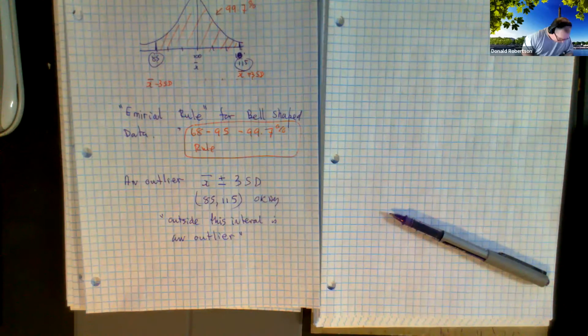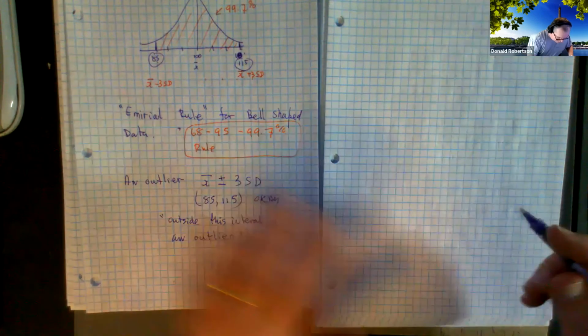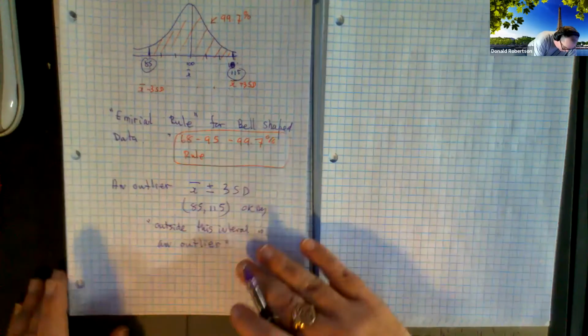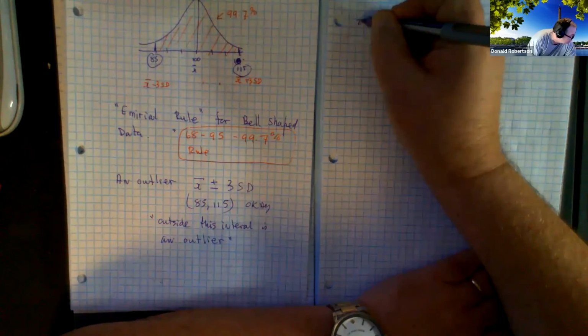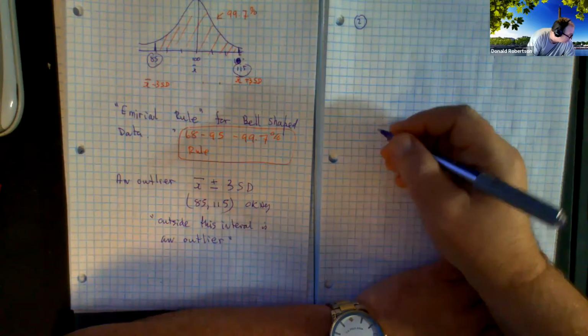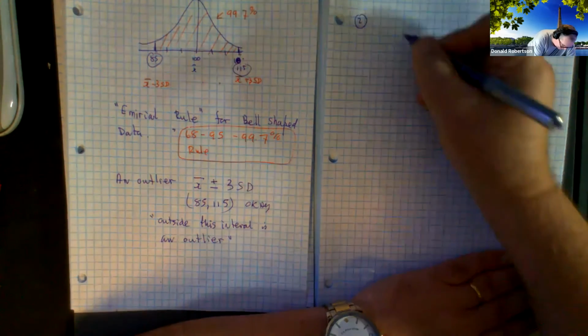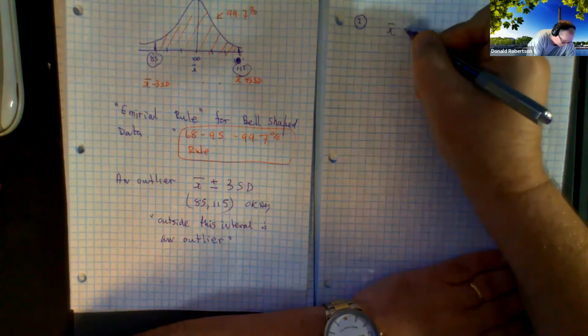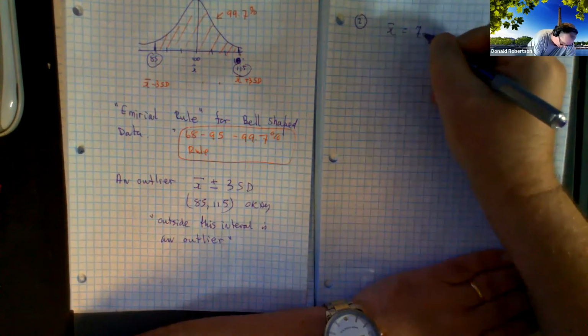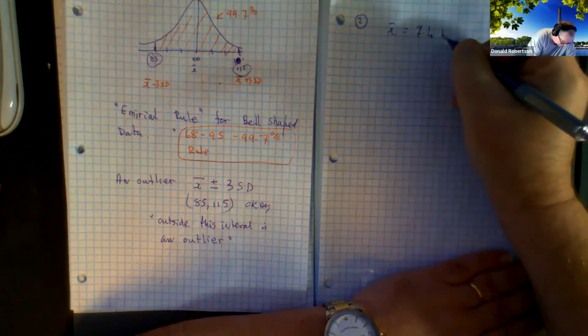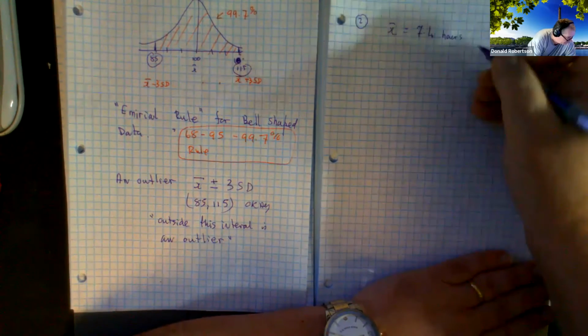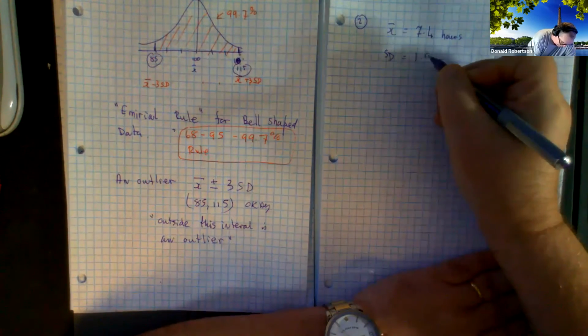Right, let's give you an example of how that empirical rule would be asked in a homework question or even a test question. The typical amount of sleep that college students get is bell-shaped. It has a mean of 7.4 hours, and the standard deviation is 1.9 hours.